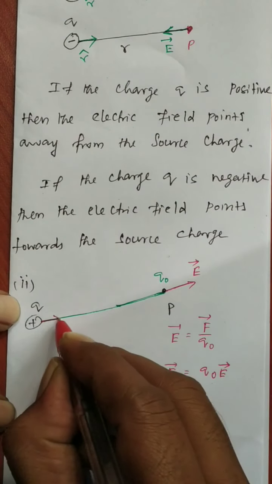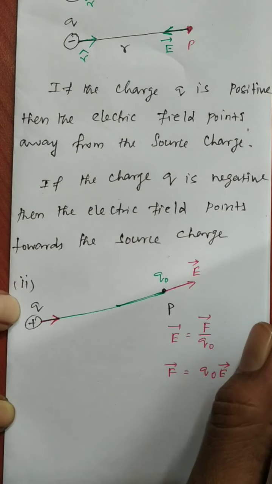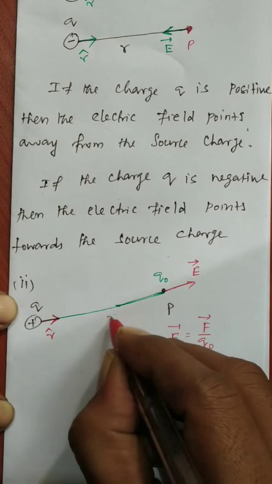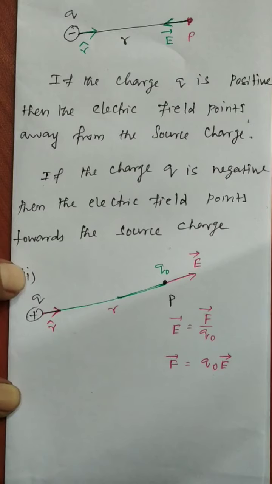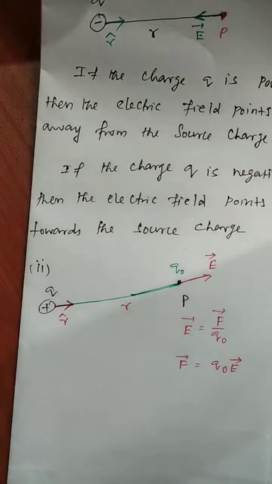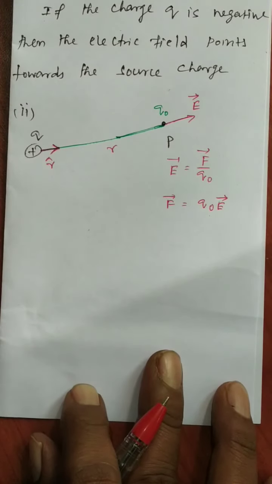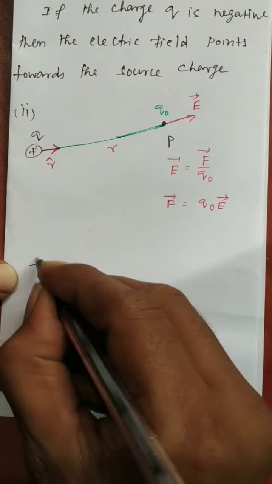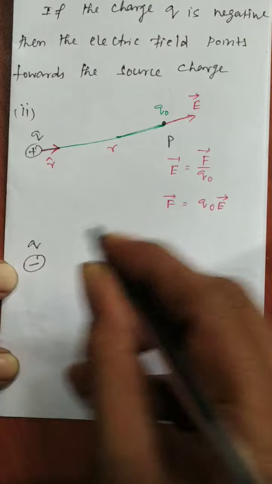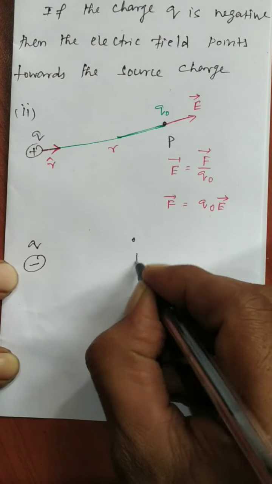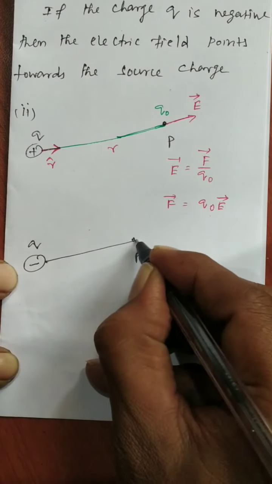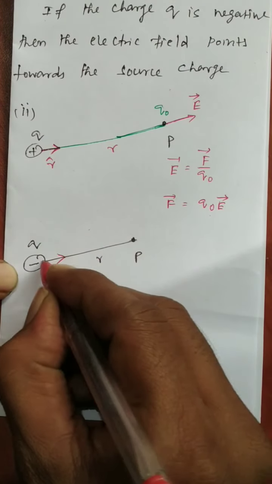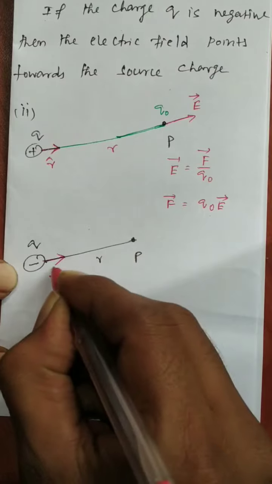There is a unit vector r cap which will act away from the positive charge, and r is the distance from the positive charge to the point P. Now if we take the negative charge Q, we can consider the same point P, with distance r. There is a unit vector again acting in this direction.